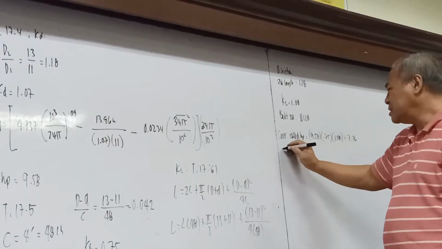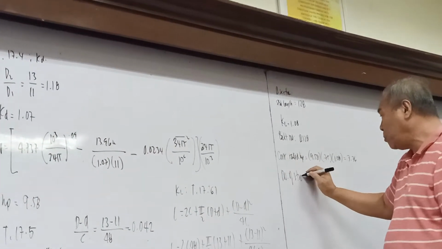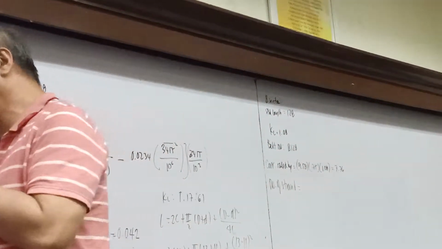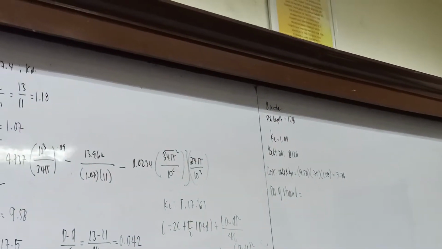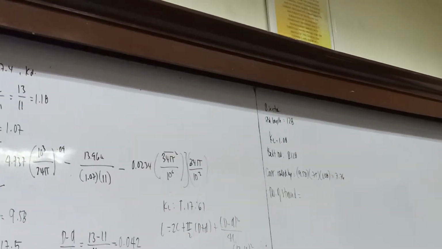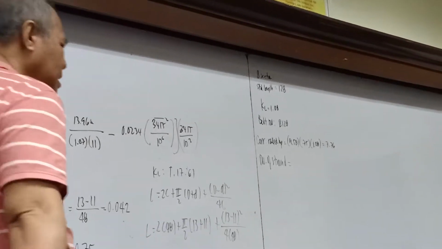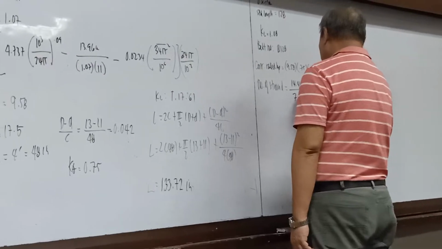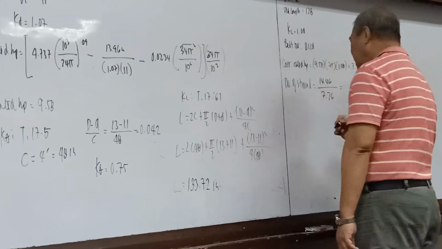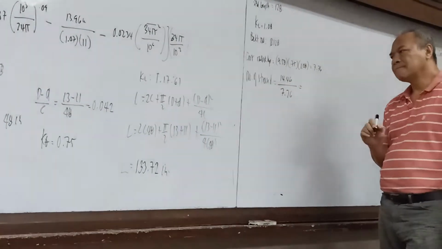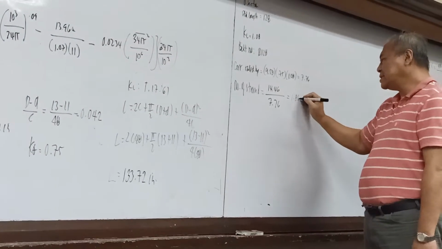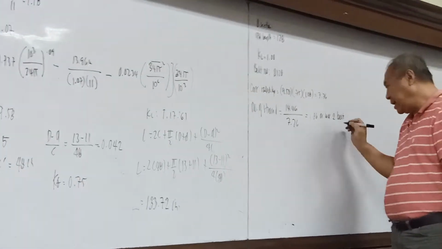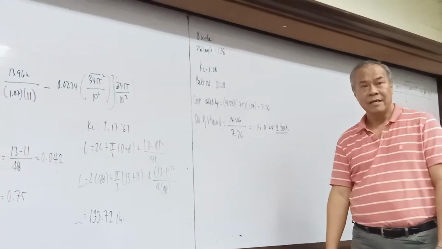Okay, now, so therefore the number of strands or the number of belts required will be design HP, which is, ano design HP natin? 14.46 all over 7.76. 1.86 or what? Use 2 belts. Okay? Dalawang belt ang gagamitin natin dyan.